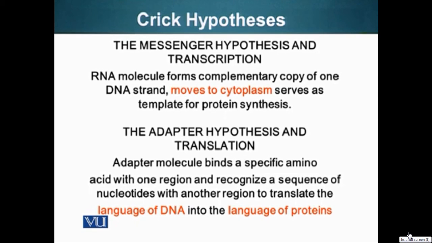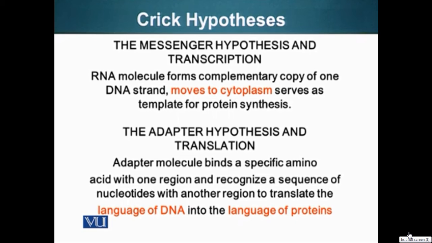The second question we had was how the translation takes place. So Dr. Crick proposed an adapter, a molecule that can bind a specific amino acid with one region and can recognize a sequence of nucleotides with another region to translate the language of DNA into the language of proteins.